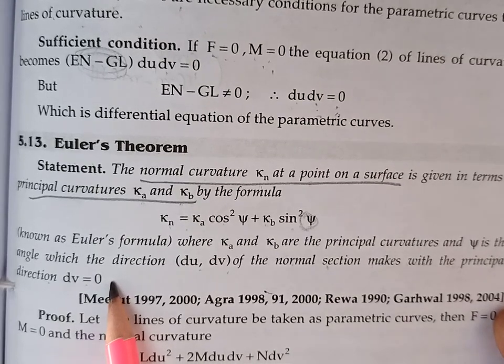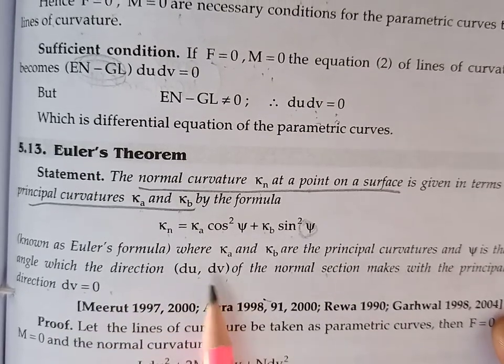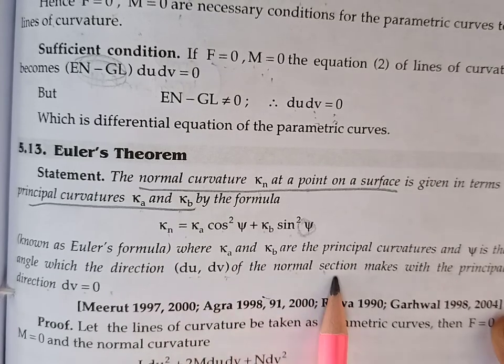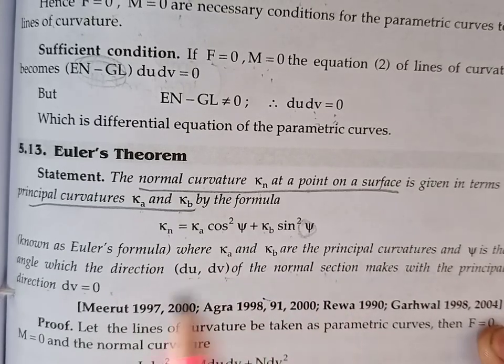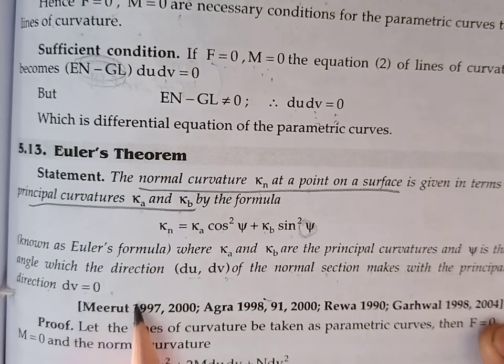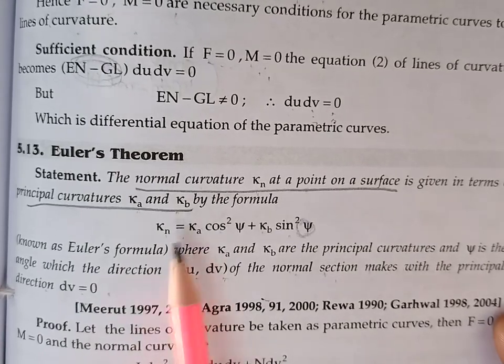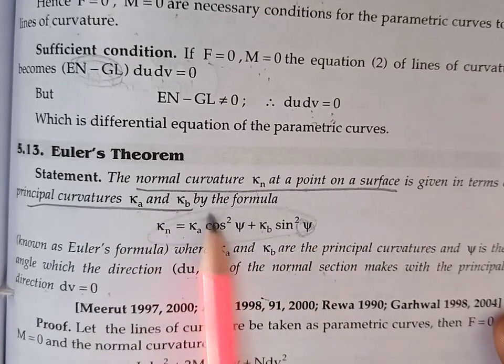Thus ψ is the angle which the direction du:dv of the normal section makes with the principal direction dv = 0. So we are to prove this relation.